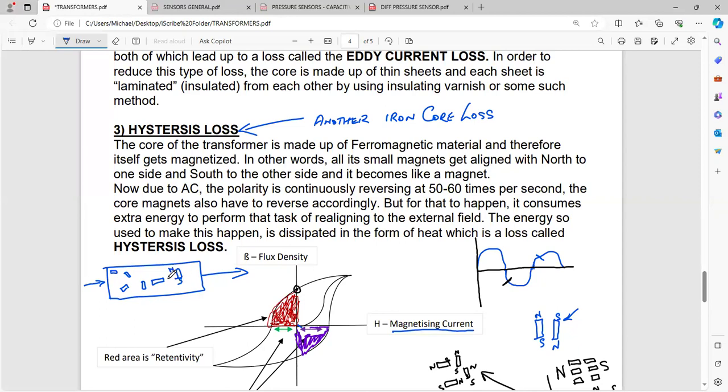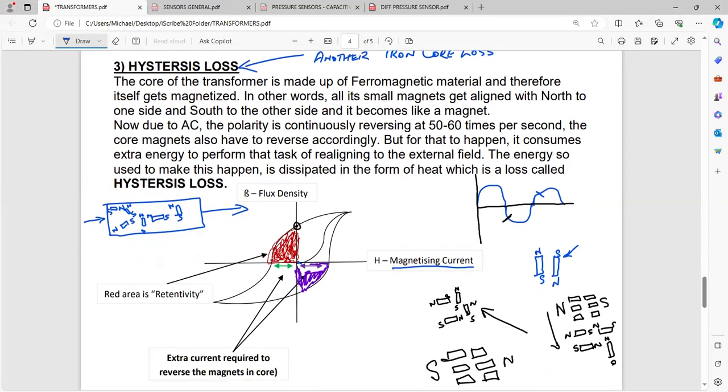North, south, south, north, all mixed up. So in other words, this soft iron core is not magnetized. In other words, it is all haphazard. Okay, like this, all mixed up.